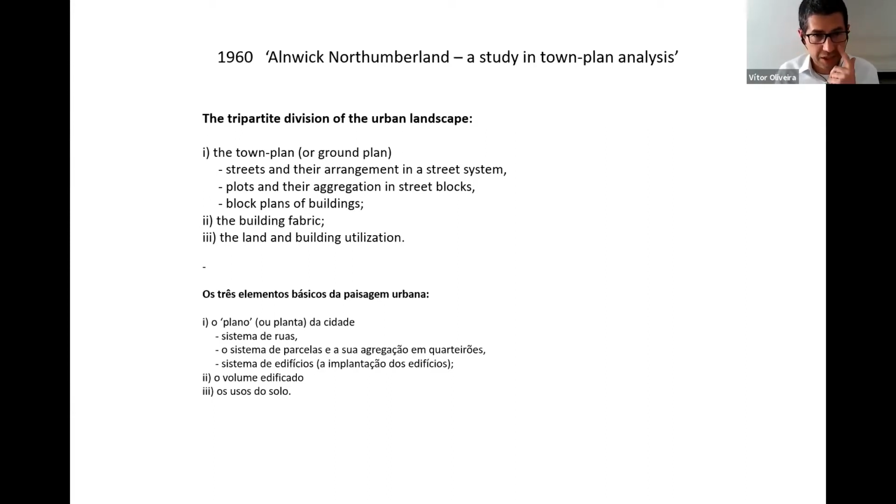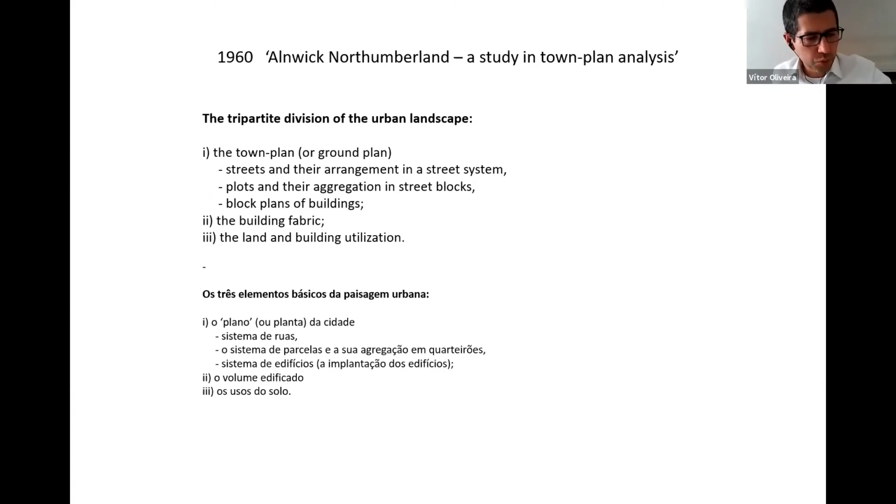So do not expect to find here any method or any theory that tells you exactly what you are going to do in professional planning practice or professional architectural practice. But on the contrary, I hope that, at least in my case, what this approach gave me is a new way of looking at cities and of highlighting aspects that are invisible because they are structural, but that are more important than many visual aspects.